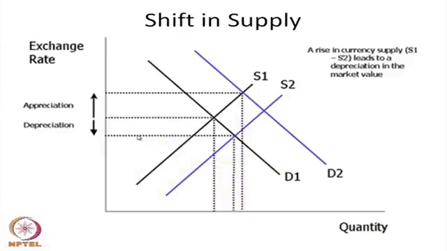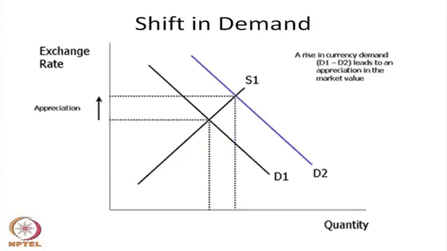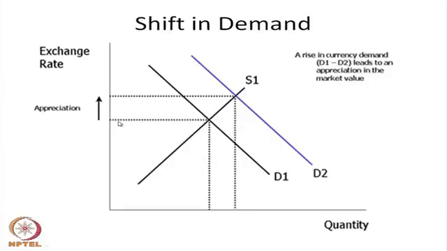If the level of supply is more than demand, at the new equilibrium the domestic value of currency appreciates. So, interpreted another way, when market forces decide the value of the currency in the actual market, the process of determination depends upon the strength of demand and strength of supply, which is reflected in the shifts of the demand and supply curves.